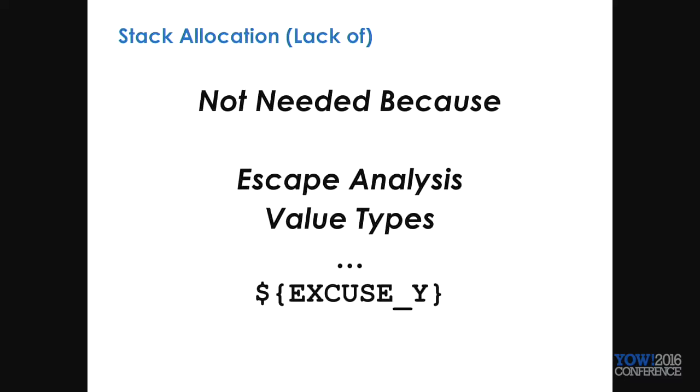Whenever I talk to people in the Java community, and I do a lot of Java, I point out that stack allocation is great, and ask why Java doesn't let us control the stack explicitly. The answer usually starts like this: it's not needed because we have escape analysis, we have value types, insert whatever other thing here.